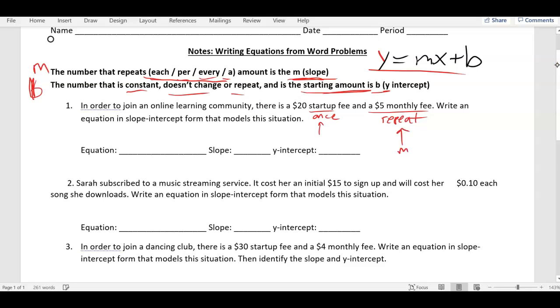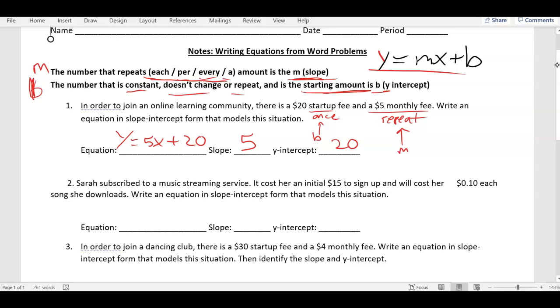The one time at the beginning is the b. So my slope is 5, my y-intercept is 20. So y equals 5x plus 20. You've got to find what is repeating, and what's happening once.